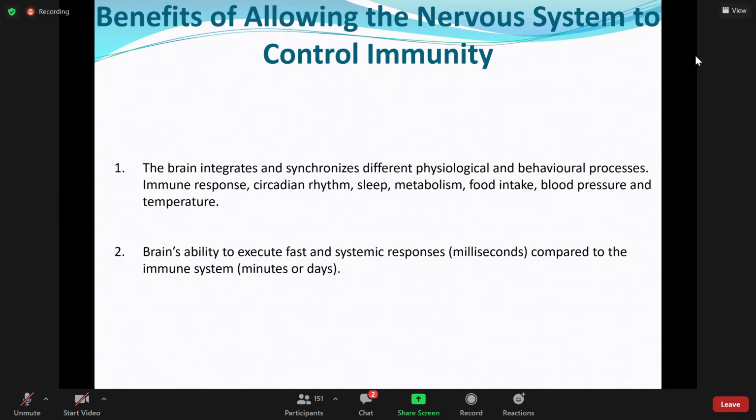So it's a matter of synchronizing and integrating different physiologies to try to optimize the best energy resources for the immune system to function.